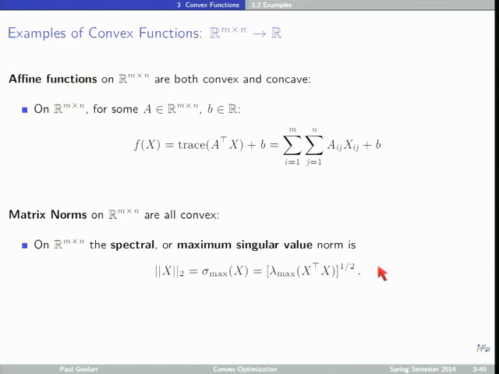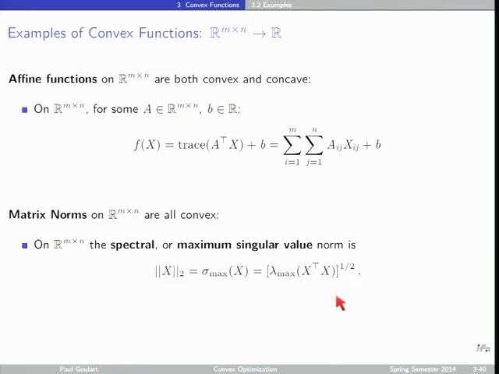So this norm here, the spectral norm or the maximum singular value norm, have you seen that? You take all the singular values of the matrix, you pick out the biggest one, that's a norm. You can also take any positive definite matrix and add up all the singular values, and that's a norm. There's lots of different norms for matrices.